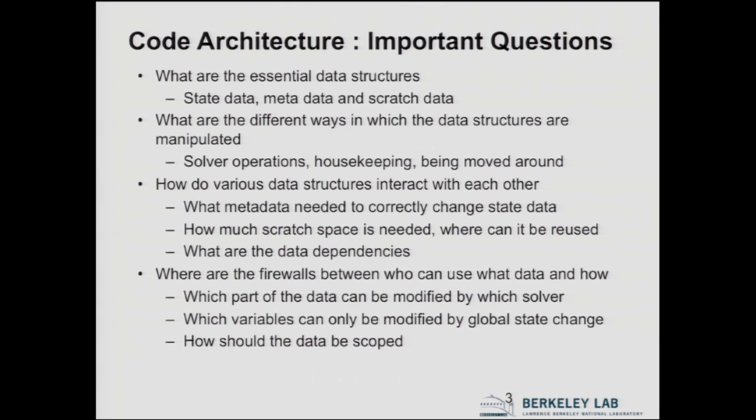So that kind of arbitration needs to be decided upon. And then you have to work on how should you scope your data, where should the data be visible without doing an explicit accessor function use, and where should the data actually not be, where should the data have only accessor access, and where should the data have accessor as well as mutable access.